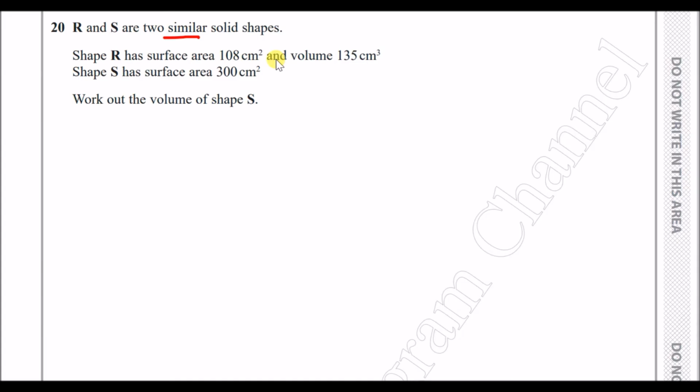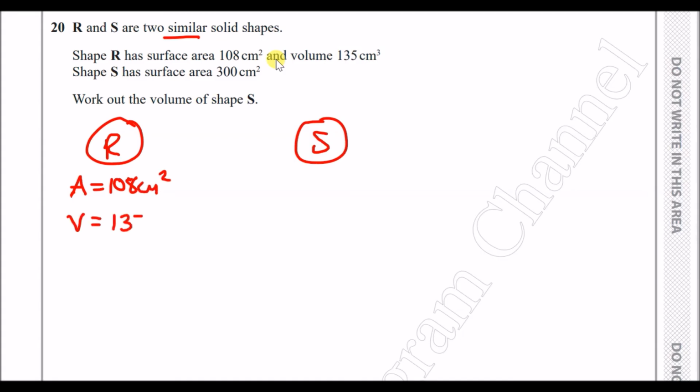So let's look at shape R, yeah? And shape S. We know that the surface area, let's call it A, is 108 centimeters squared and the volume is 135 centimeters cubed. For shape S, the area is 300 centimeters squared and we don't know the volume. Work out the volume of shape S.